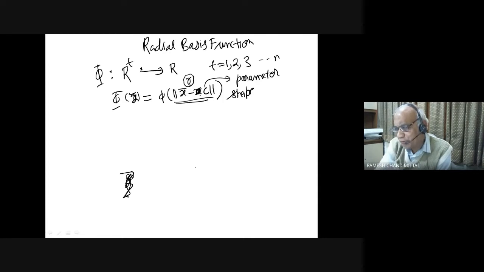To make my point very precisely, those of you who know C++ or C, this function phi of r is a good example of function overriding.